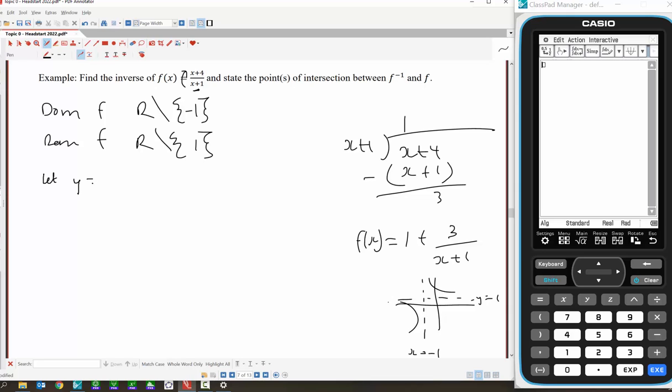Let y equal 1 plus 3 over x plus 1. Swap x and y. x equals 1 plus 3 over y plus 1. x take 1 equals 3 over y plus 1.